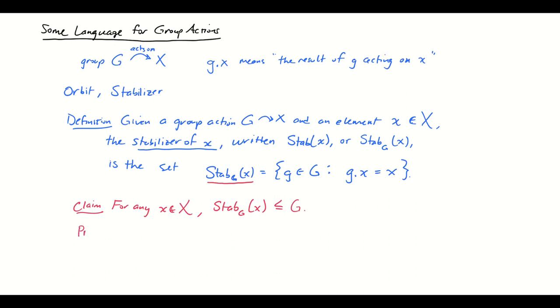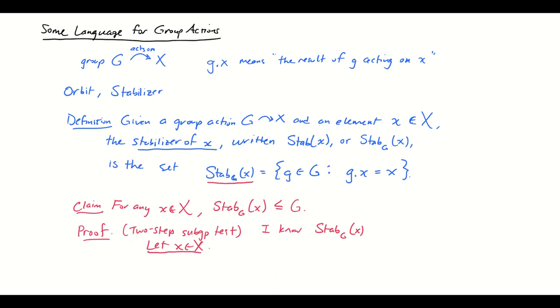So here's the proof. All right, we're going to use the two-step subgroup test. All right, first of all, to establish that the set stab of X is non-empty, first of all, we should let X be an element of X, because I didn't do that in the theorem statement.